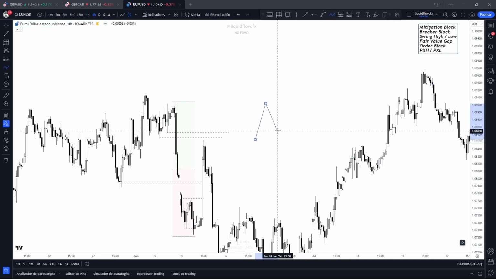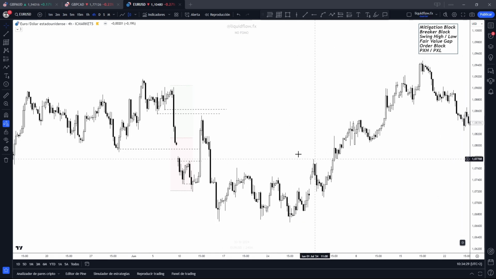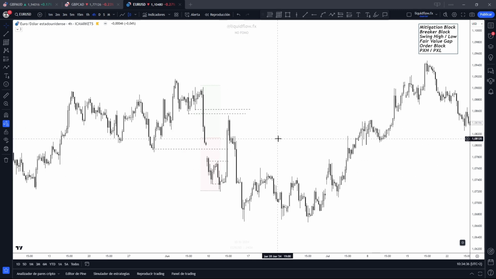Okay, we come here, we go into the fair value area, and we have this one. So this area from here, that is the unfair area. That is the imbalance in the price action. That is a fair value gap. So that means the market creates some sort of gap, and it will return to tap inside of it.